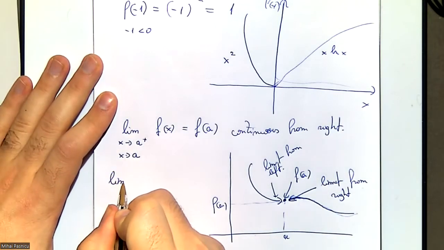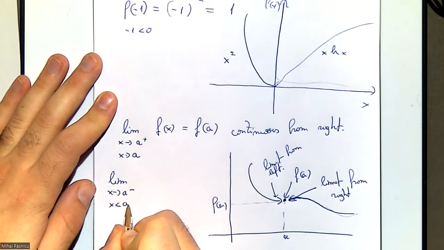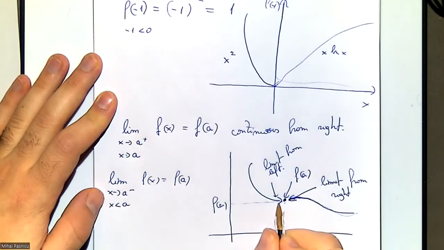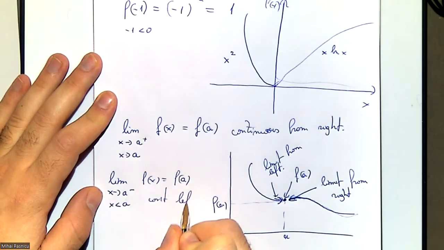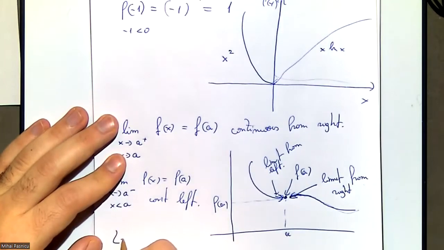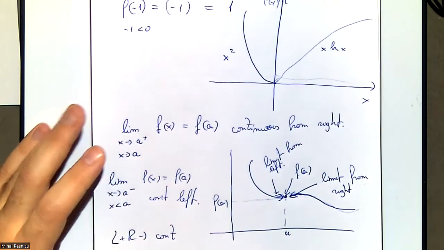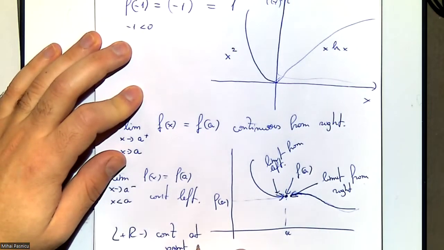Now, obviously, the opposite is if the limit as x goes to a minus, x smaller than a, of f of x is equal to f of a. So I'm coming on this side, then it's continuous from the left. Okay, and if it's continuous left and right, then it's just continuous. You don't say anymore, you just say it's continuous at that point, at point a.